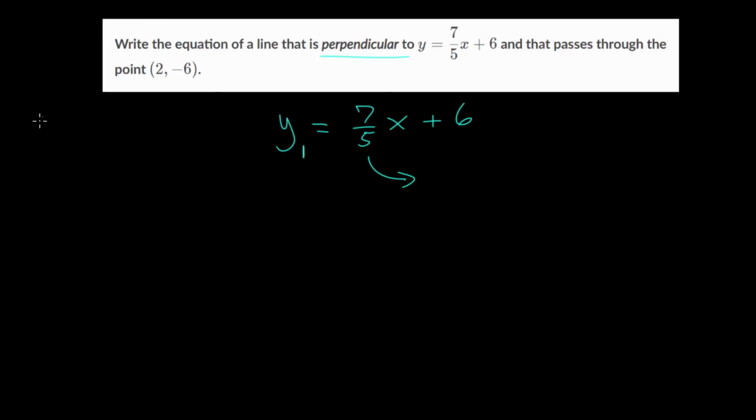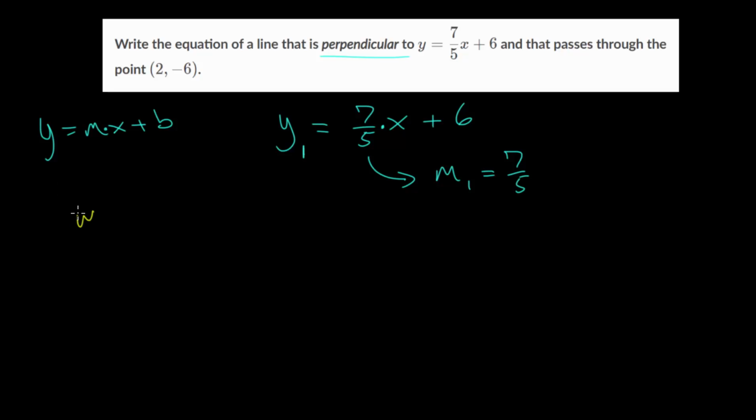And the slope, if you remember slope-intercept form, we can compare it to this, since m, the number multiplied by x, is the slope of the line. In this case, the number multiplied by x is 7/5. So the slope of line 1 is 7/5. Now, the slope of our line, this perpendicular line, will have a slope that is the negative reciprocal of this.